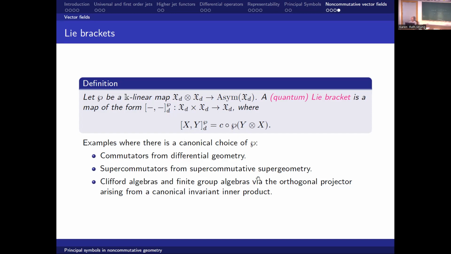Here you have some canonical invariant inner product, which gives rise to an orthogonal projector from vector fields tensor vector fields to Asym, and from this you can get a canonical bracket in this sense. And then we're also talking to people like Thomas Weber and Paolo Maschiri, who are both here, about getting an example of this map P here for quasi-triangular Hopf algebras. And I guess I'll wrap up there.